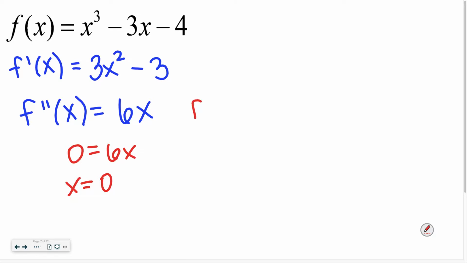I am going to label my number line with f double prime because I am concerned about the second derivative and where it is positive versus negative. If we plug in a number to the left of 0, what kind of value is my second derivative? Negative. If I plug in a number to the right of 0, what kind of number is my second derivative?